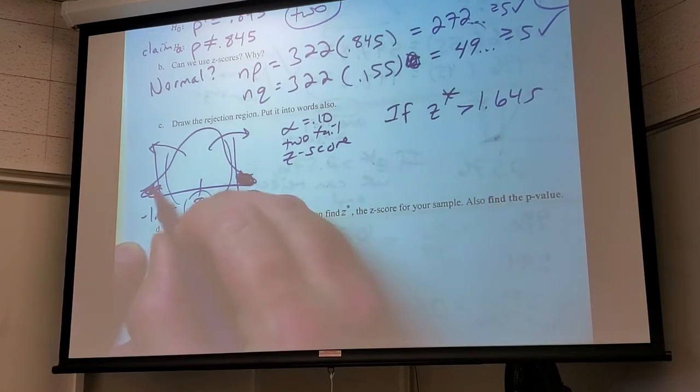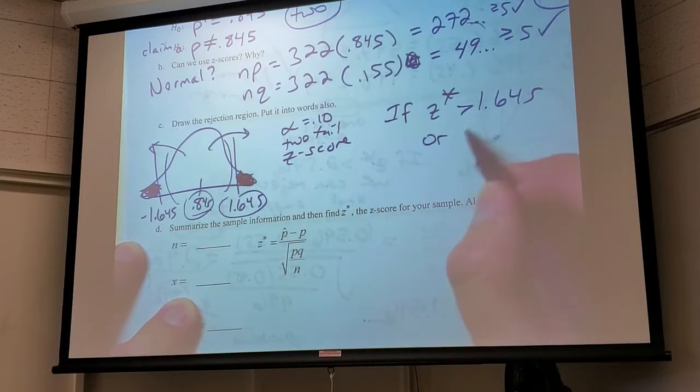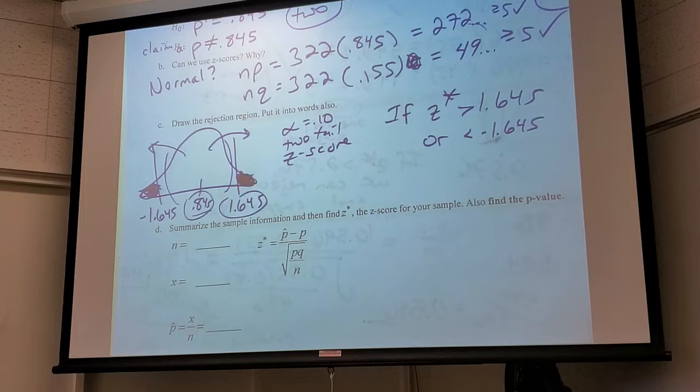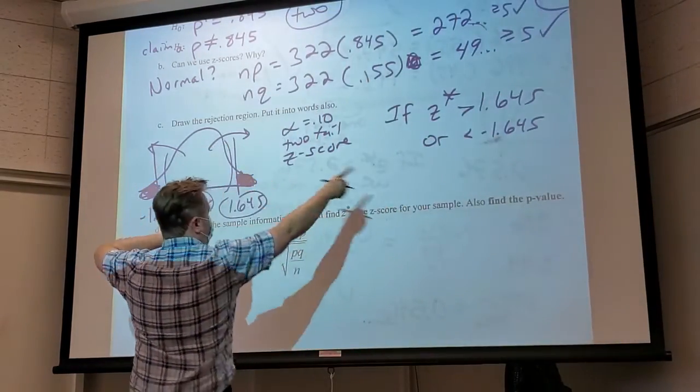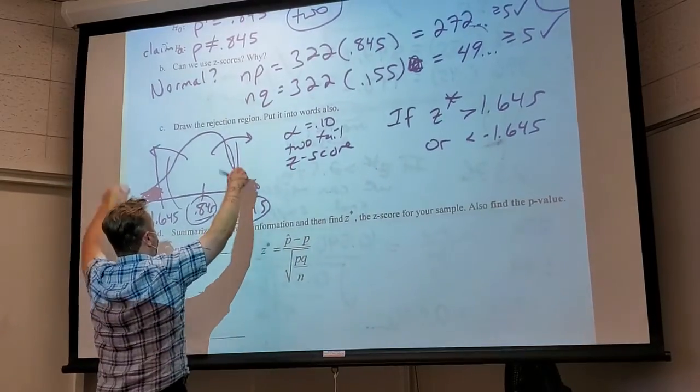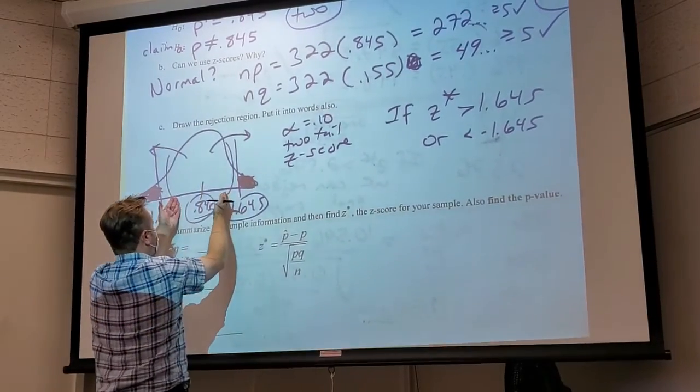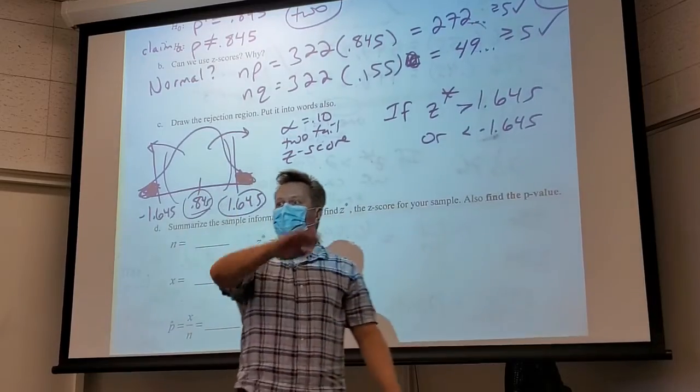How do I get down here? So if my Z star is more than 1.645 away in either direction, then what can we do? Whoever thinks it's supposed to be here looks to be wrong.